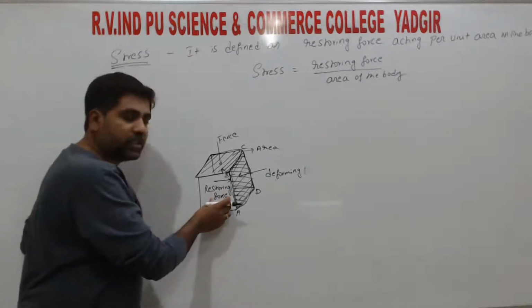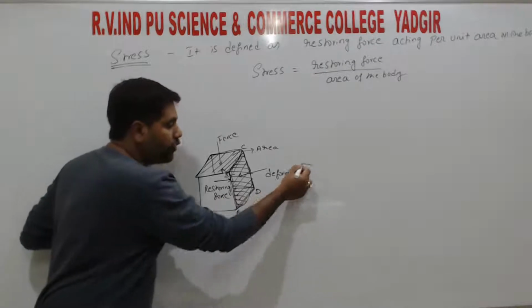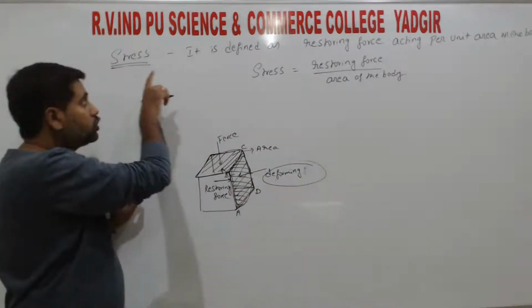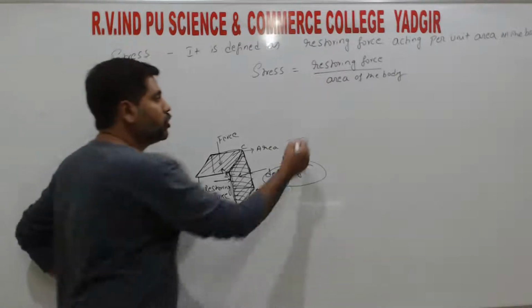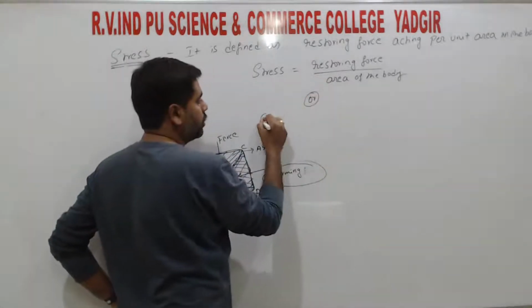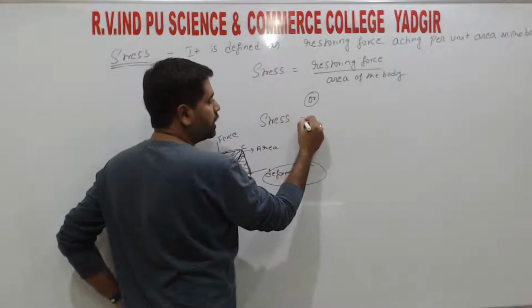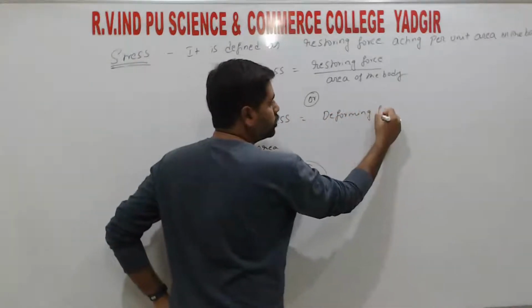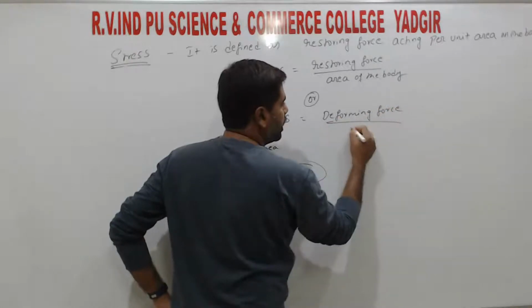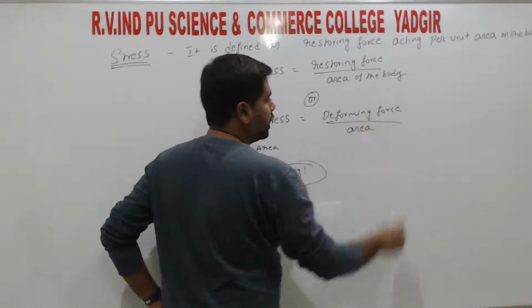The restoring force is generated when the deforming force is applied. So we can also state stress in terms of the deforming force: stress equals deforming force divided by area.